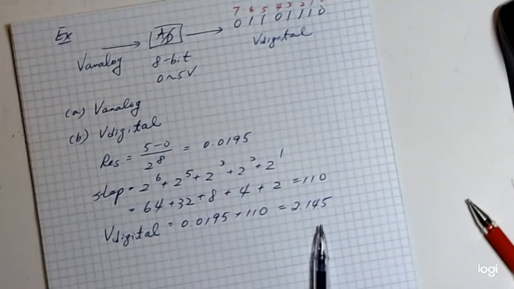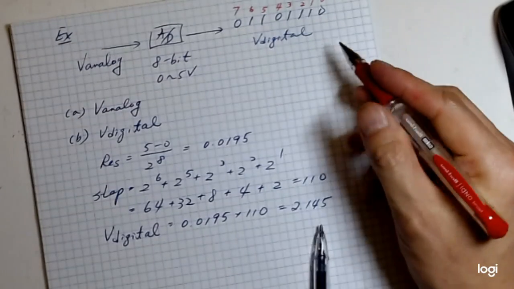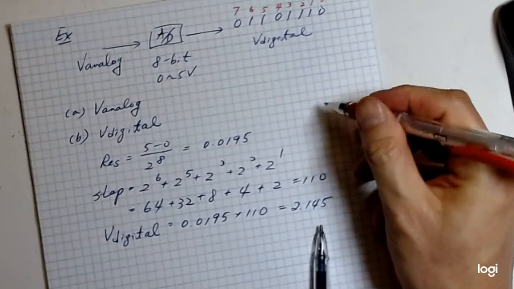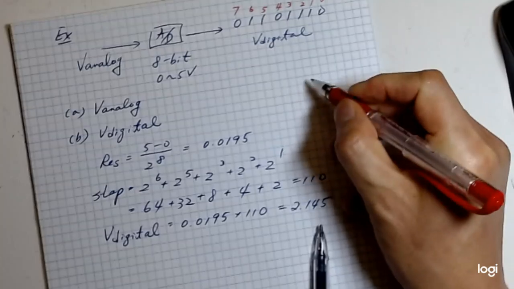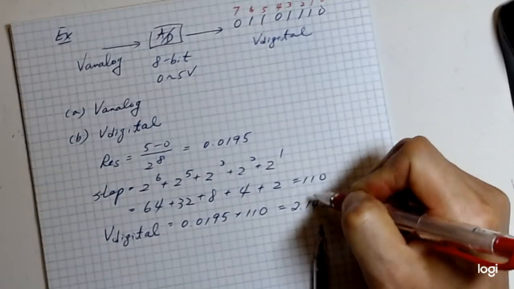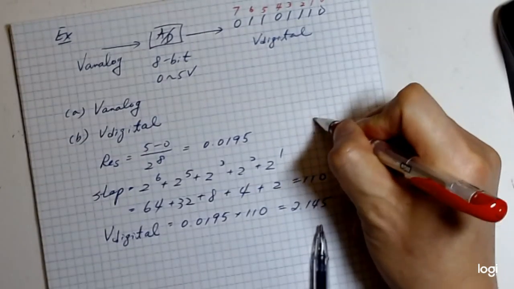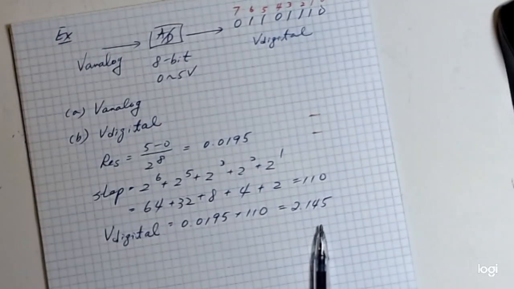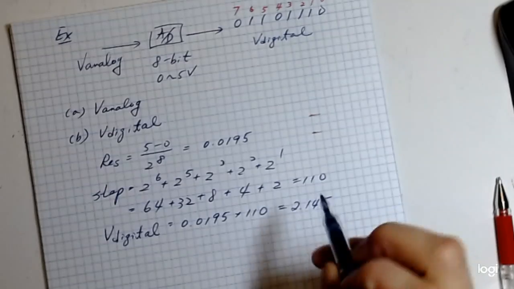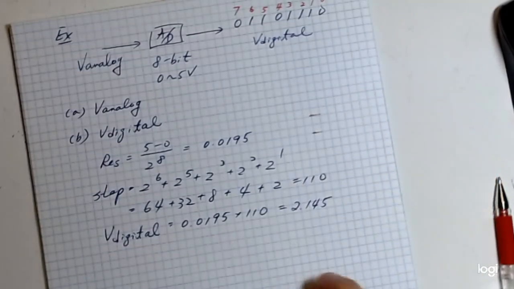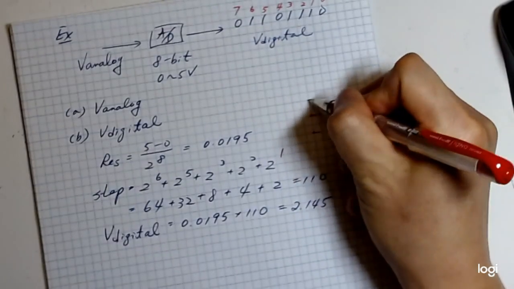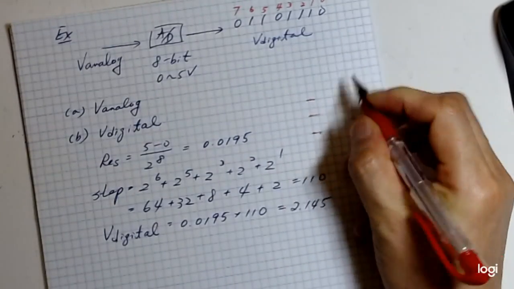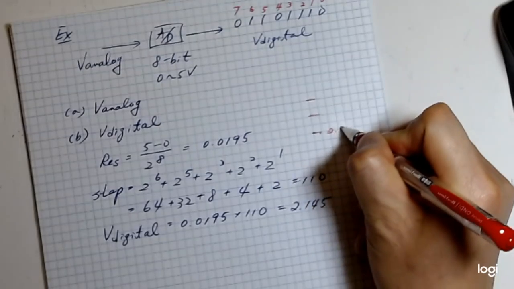Okay, so then again, analog signals are continuous, and digital is discrete, in between the resolution, the grid lines. So you have, for example, every step is a resolution, that's 0.0195. So from here, you get 2.145.